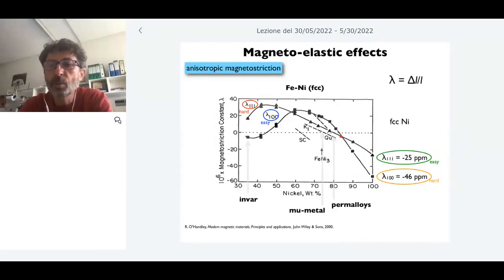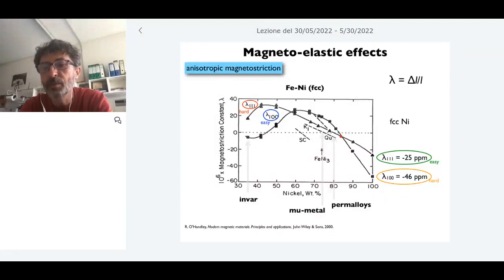Where you don't want to have any influence from, well, we said already that we may have an influence of the magnetic work on the deformation. So you magnetize and your system changes shape. But we said also that we have the opposite.